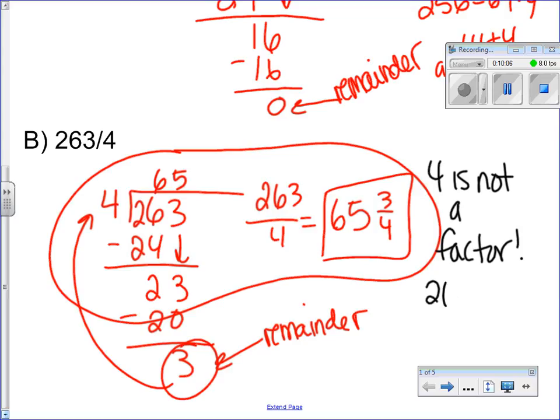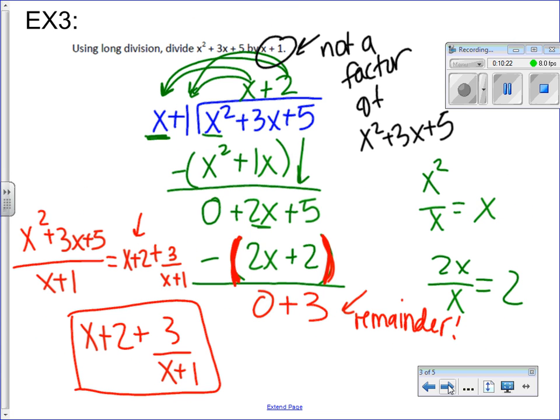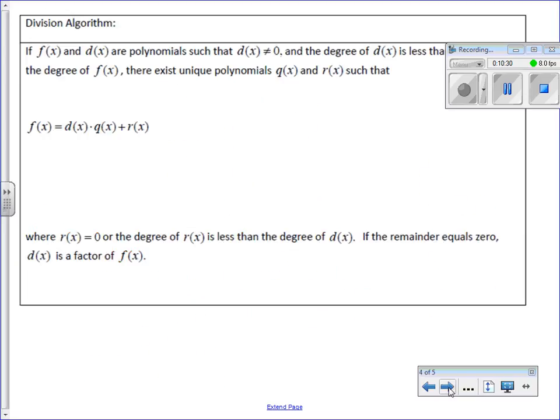If you made a factor tree for 263, you wouldn't put 4 because 4 times 65 and 3/4 is how you get to 263. You only put the whole numbers that can multiply to this. So 4 would not be a factor of 263. And similarly, x plus 1 is not a factor of x squared plus 3x plus 5 because it does not go in evenly. Okay, so now I'm going to give you a little of the math jargon here. This is the division algorithm.